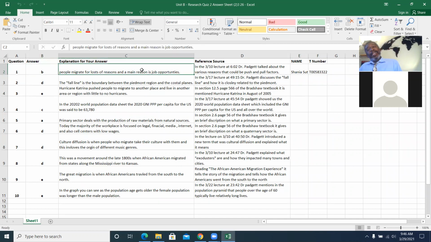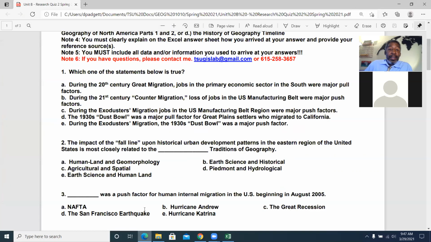The explanation probably would have been better if it stated specifically why the counter migration happened. Perhaps, what were the push and pull factors associated with the counter migration, which actually were listed in the question itself.